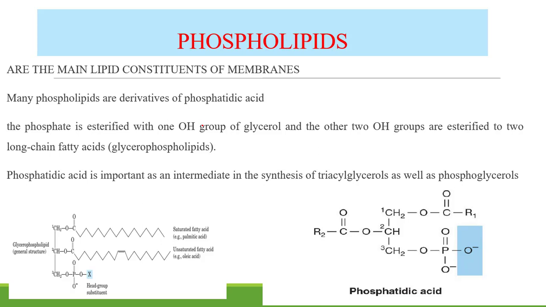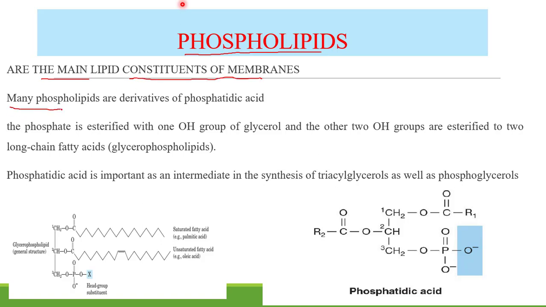After recognizing fatty acid and triacylglycerol, now we want to get acquainted with another large and important group of lipids, which are called phospholipids. Phospholipids are the main lipid constituent of membrane.